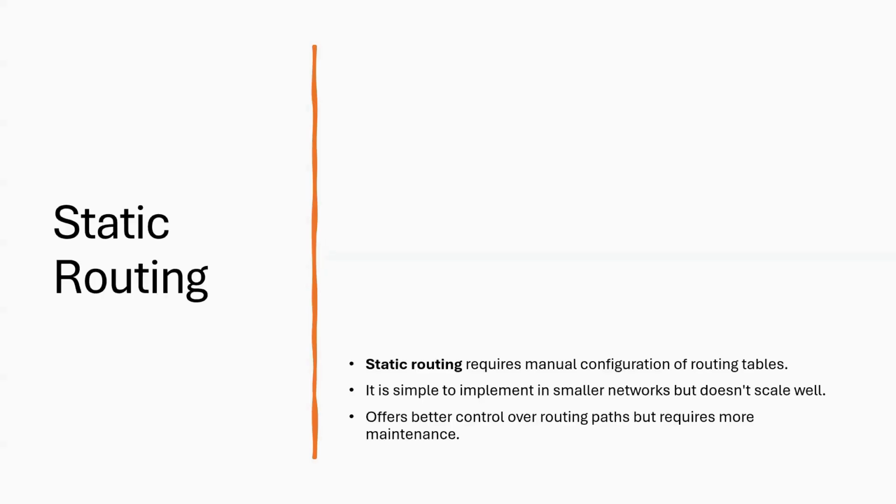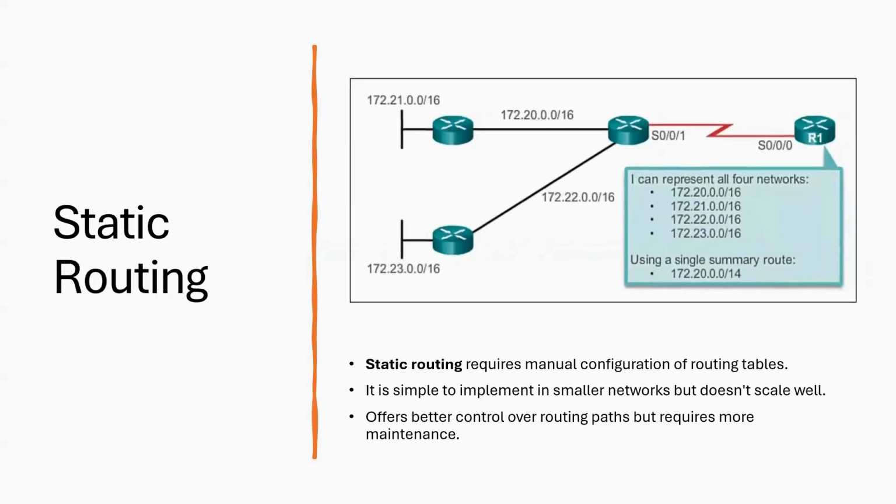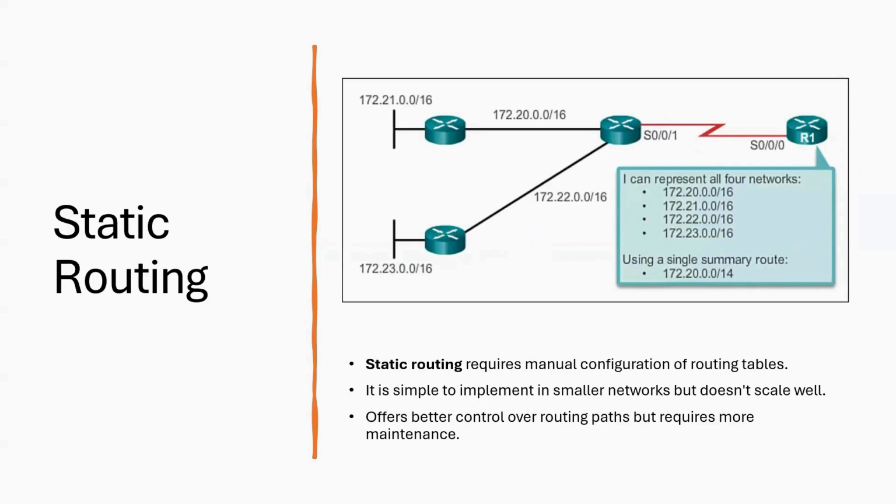First, let's talk about static routing. This is the simplest form of routing, where routers are manually configured by a network administrator. Static routes don't change unless you manually update them. So they're great for small networks or for situations where you want total control over how data moves.